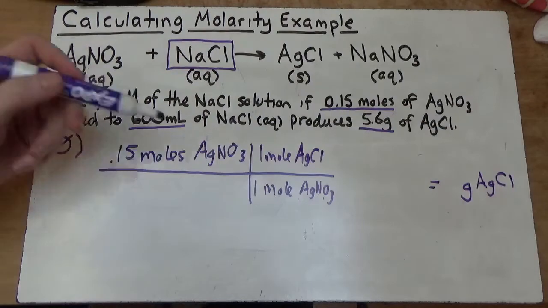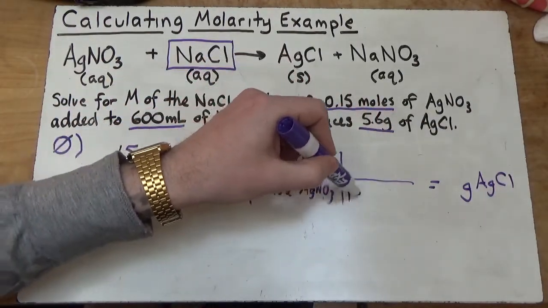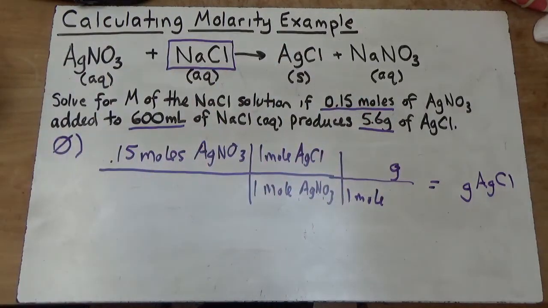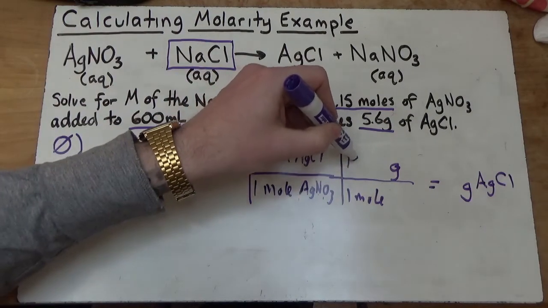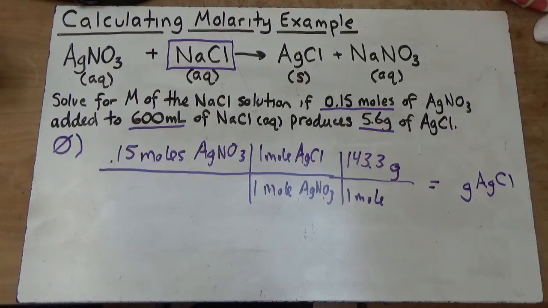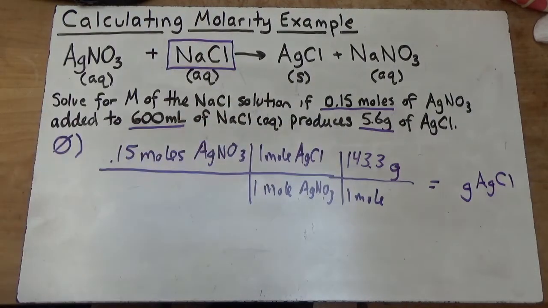Now we need to cancel moles of AgCl and introduce grams of AgCl, and we're going to do that with the molar mass. The molar mass of silver chloride is roughly 143.3. So in your calculator, you're going to do 0.15 times 143.3.